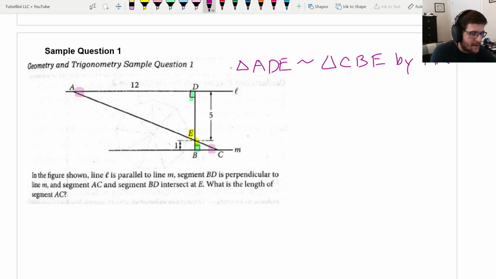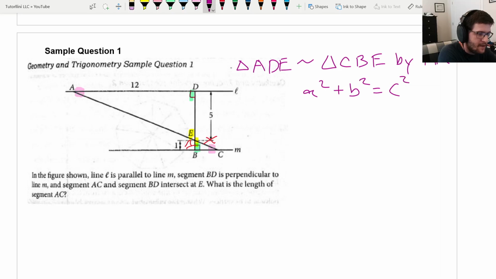Okay, so this side is 1, and they want us to find AC. So we're probably going to have to find this length. Why don't I call it X? And we can find this length using the Pythagorean theorem for that top triangle. So a squared plus b squared equals c squared.